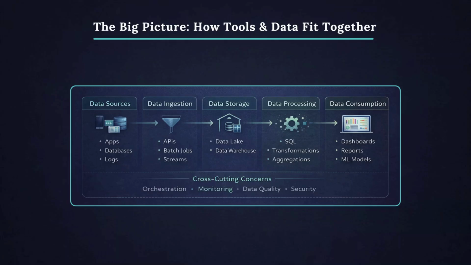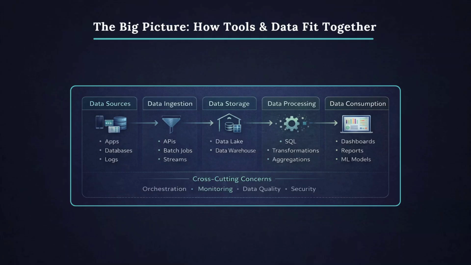Monitoring basically means making sure that the pipeline is running properly, checking whether the data is refreshing on time, and catching failures early. Data quality ensures that the data is accurate and reliable, with no missing values, no wrong data types, or incorrect records. And security controls who can access the data and what they are allowed to do with it.